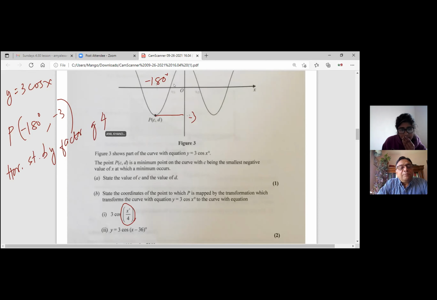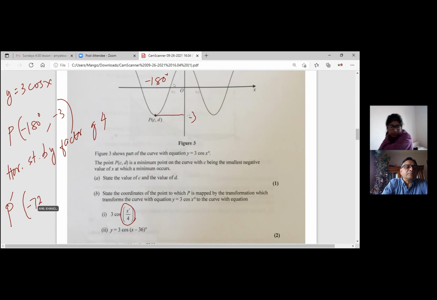So what will happen? Only the x value is going to change, right? Yeah. So minus 180 is going to be multiplied by 4, correct? So just multiply, right? So you get P dash: minus 720, minus 3.